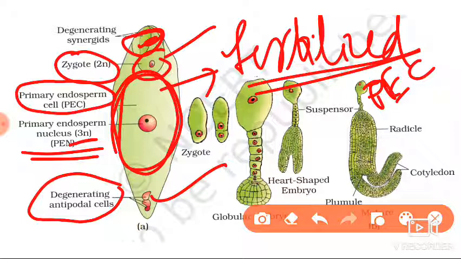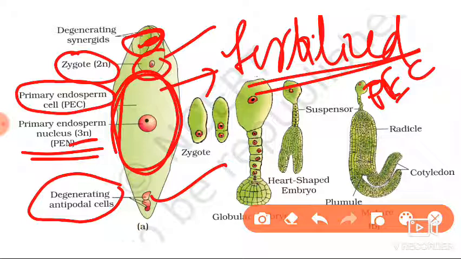The further development of the endosperm and everything we will study in the next video, in post fertilization events. This is about double fertilization. Students, it is a very simple concept. Please remember what will happen, what types of cells are there, and how the fertilization happens.